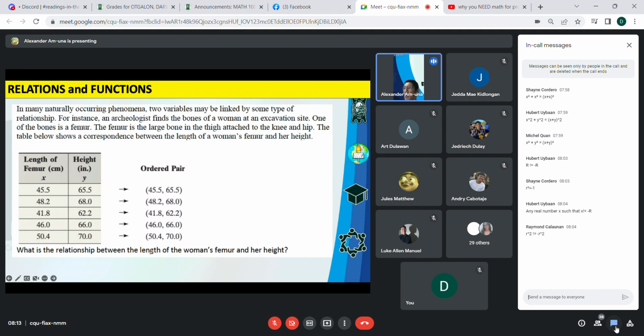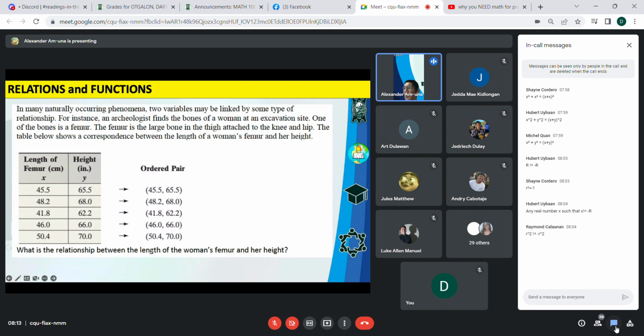The table below shows a correspondence between the length of a woman's femur and her height. On the first column, you have the length of a femur in centimeters, and on the second column, you have the height in inches, represented by the variable y.